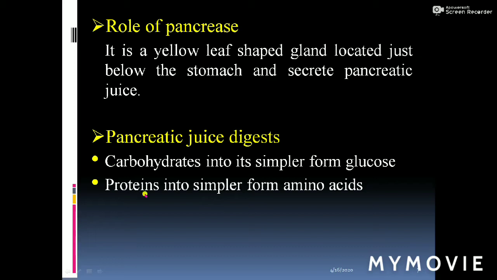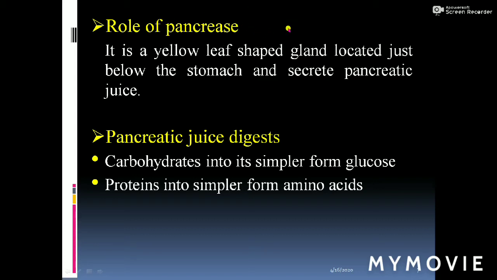Children, you should know the main role of the pancreas. The pancreas regulates our blood sugar. You know that diabetes is a very common disease, and this is due to the pancreas not functioning properly, not secreting insulin.